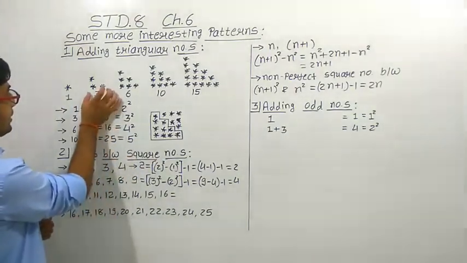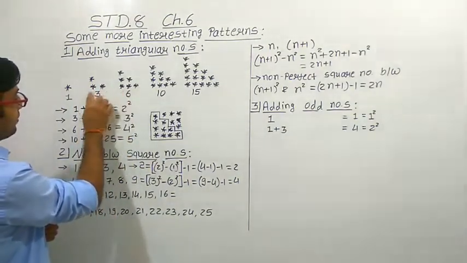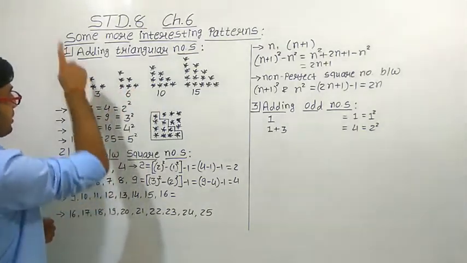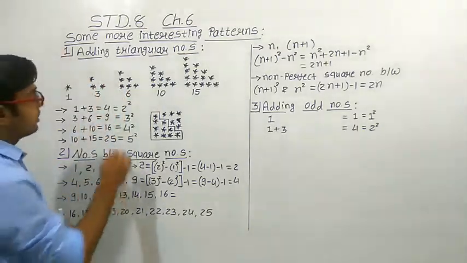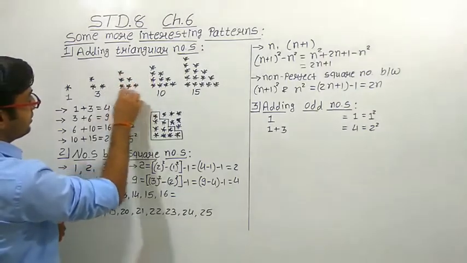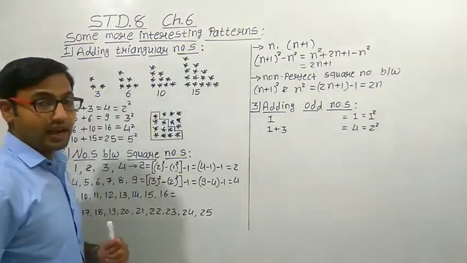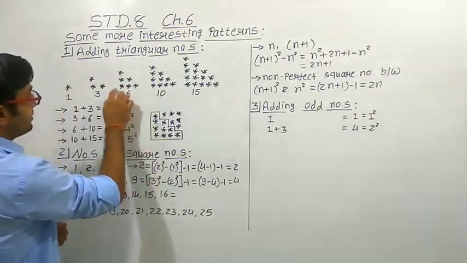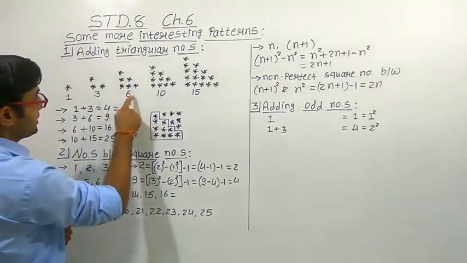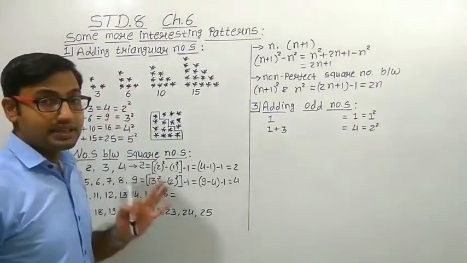Next, when we increase by one more row, we get 1, 2 and 3, and vertically also we get 1, 2 and 3. By putting one more star, this type of triangular pattern forms. How many stars do we put? 1, 2, 3, 4, 5 and 6. So here we get the number 6.